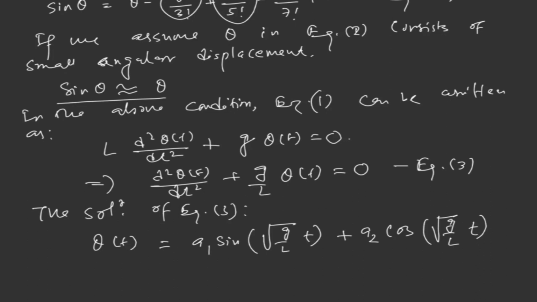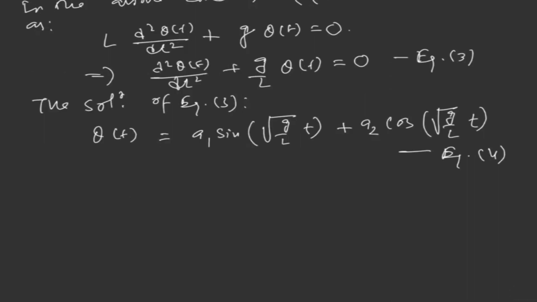So this is the solution of equation number 3, and let me define this as equation number 4. This shows how the system evolves over time from the equilibrium point theta equal to 0.